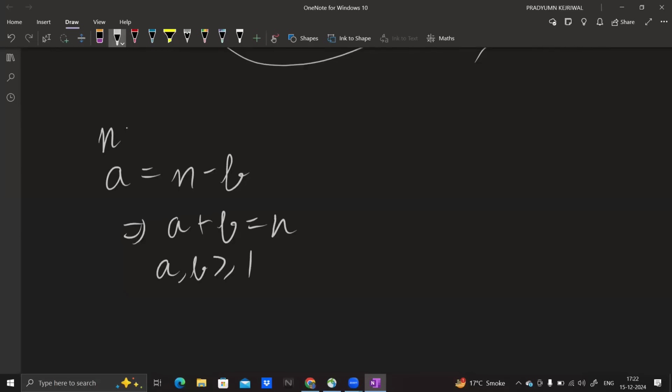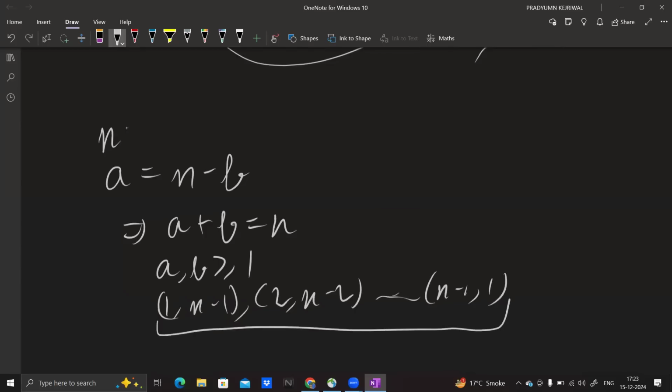So basically we can see that if a is 1, then b will be n minus 1. Then if a is 2, then b will be n minus 2, and we can go up to n minus 1, so b will be 1. So all of these are the possible solutions, which are n minus 1 ordered pairs. So you just had to take the input of n and print n minus 1.